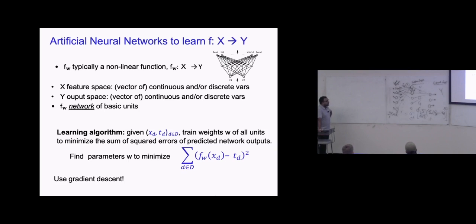Good. So now, the ultimate question is, if we decide on the architecture, if we decide on all the edges that we have, what is essentially that we need to learn? What is remaining that we don't know?